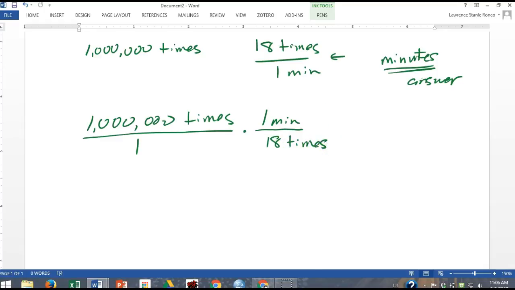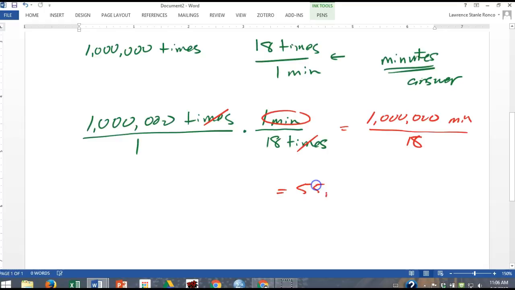And we actually already did this problem prior. The times will cancel out, and in essence we have to do 1 million, and the unit that's left behind is minutes, over 18. And we already figured this out. We got 55,555.6. And that would be minutes, right? Because that's the unit that's left behind.